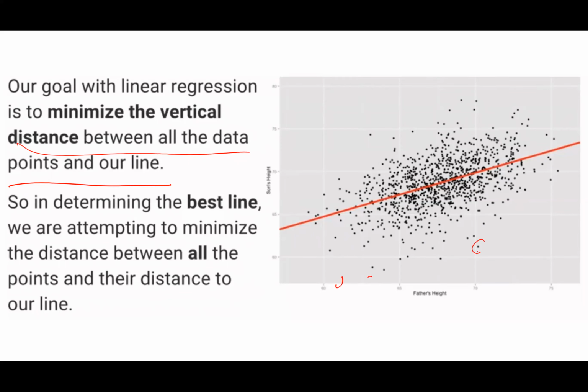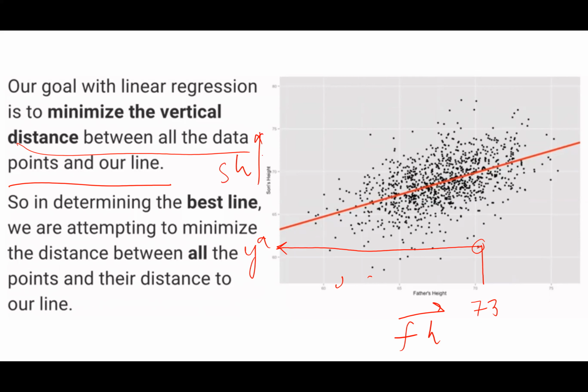Vertical distance means, for any given x value, suppose I take this point. This is my x value, say 73. At 73, the y value is y actual. Y actual means the height that we observe from the real world. This is the father's height, and this is the son's height.